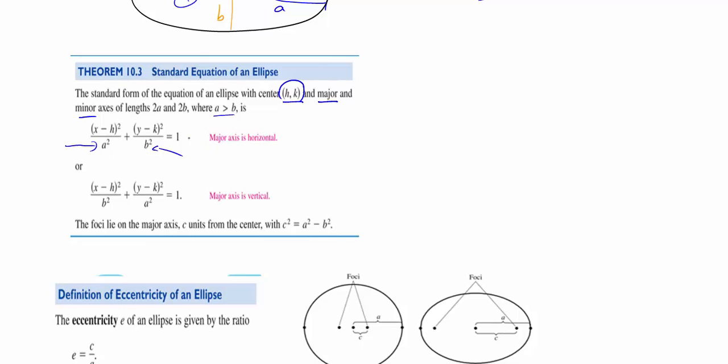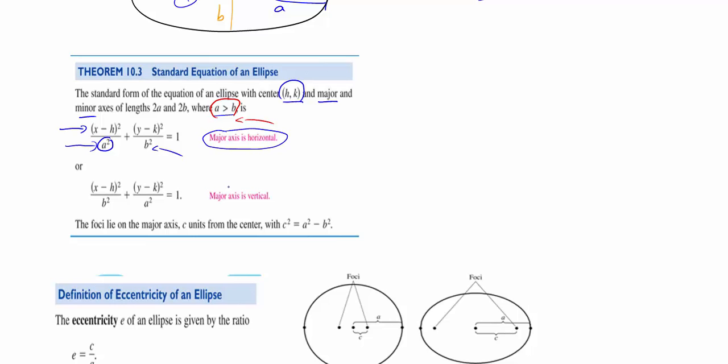And this is indicating, keep in mind, this is crucial to understand, your a value here is always going to be greater than the b value. So if we look at this, of course a squared is going to be bigger than b squared. So if the larger value here, a squared, is underneath the (x minus h) squared, that means the major axis is going to be horizontal.